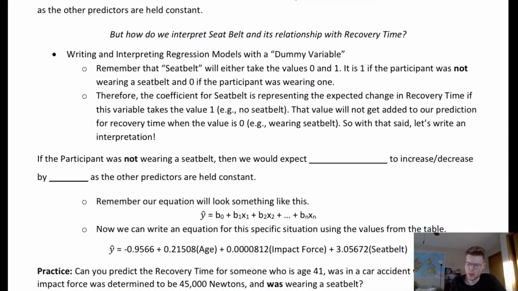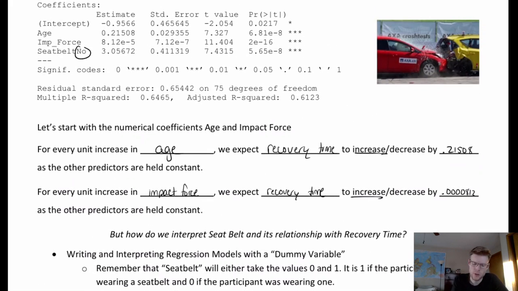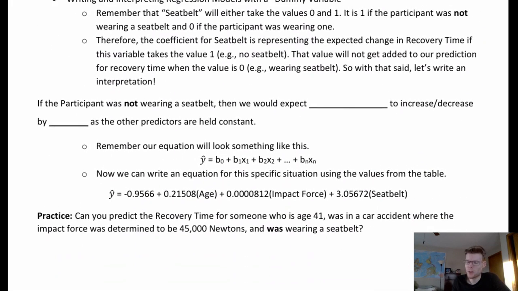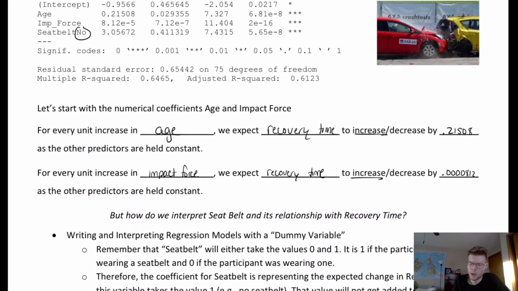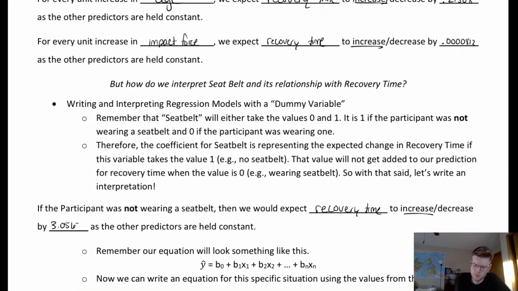All right. So with that said, I'm going to interpret the level, the category where someone's not wearing a seatbelt. So that's the one that's showing here. Notice that the no is showing up, meaning that the category represented with this coefficient is not wearing a seatbelt. So if the participant's not wearing a seatbelt, then we would expect recovery time to increase by 3.05672 on average, as the other predictors are held constant.